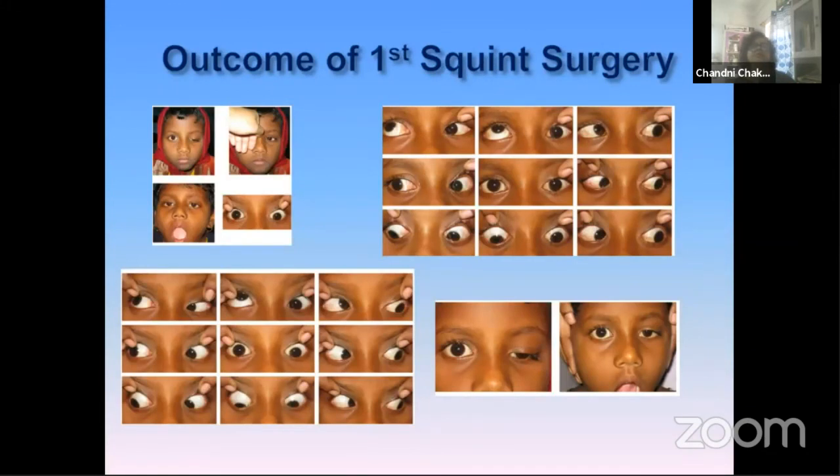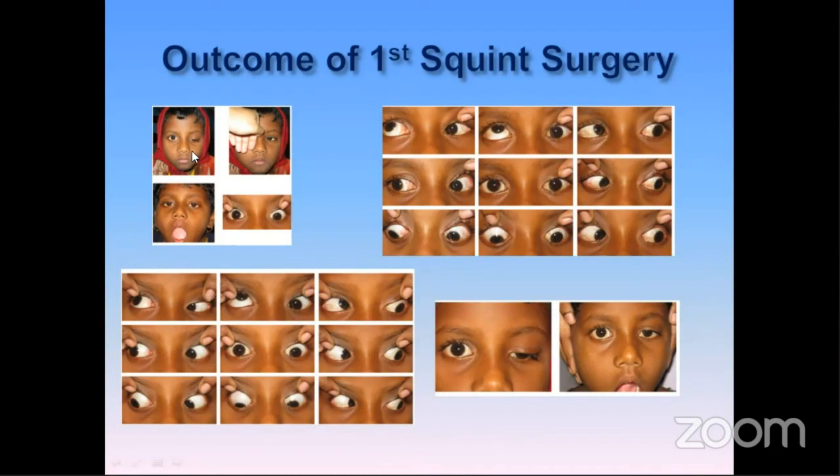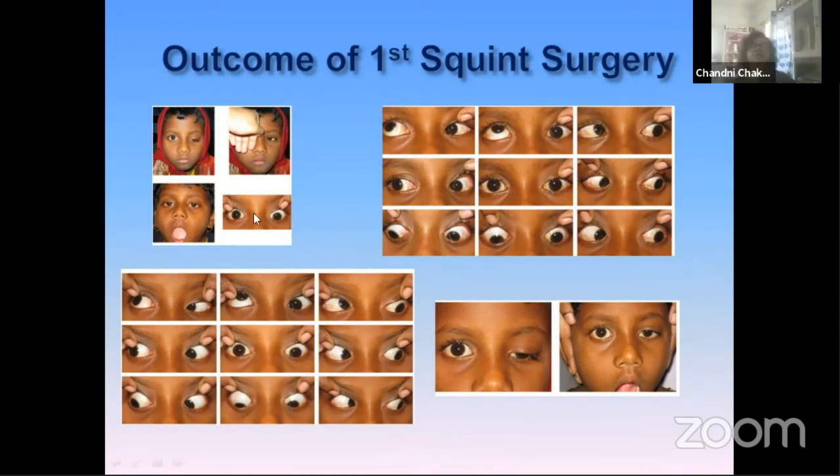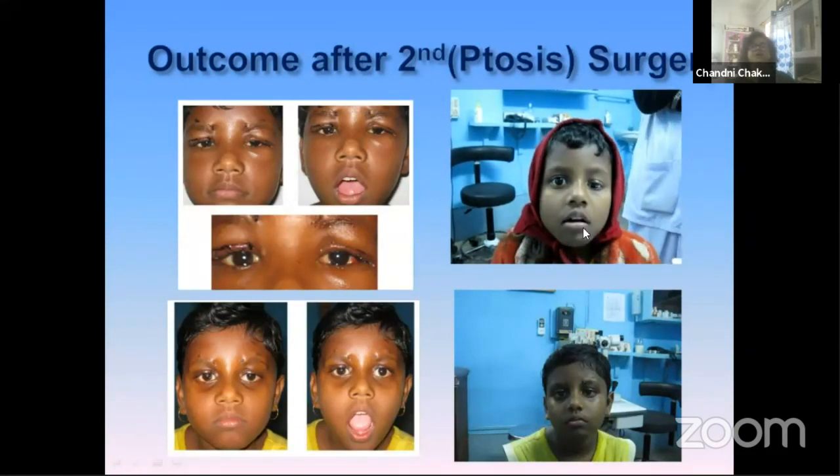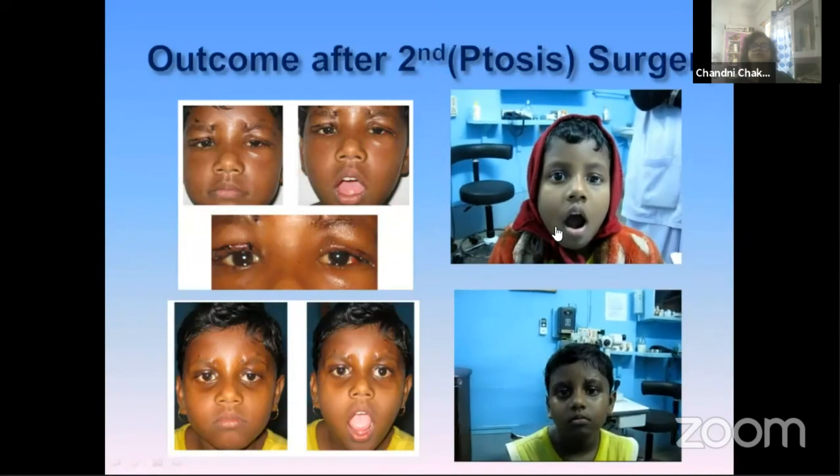This is another patient. You can see here there is left eye MED, and jaw winking is also present in this patient. And this is the outcome after the squint surgery. And this is after ptosis surgery. You can see preoperatively there is a significant jaw winking present.